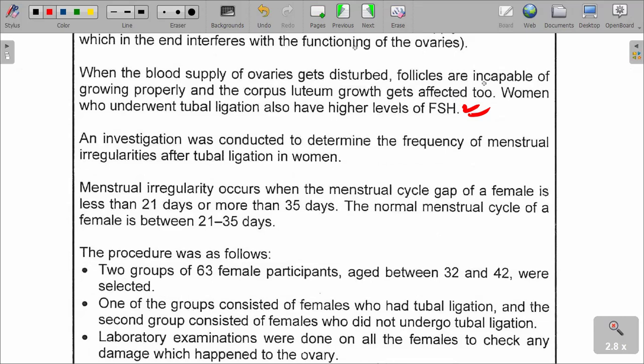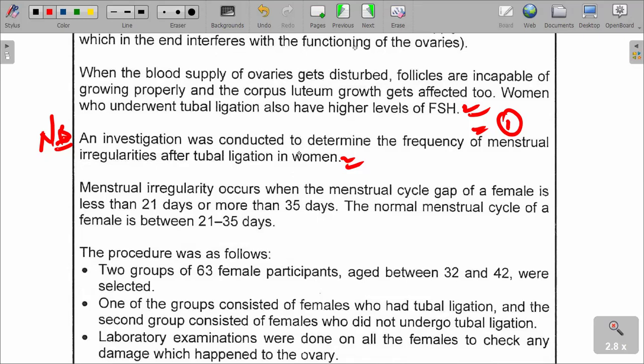An investigation was conducted to determine the frequency of menstrual irregularities after tubal ligation in women. So I want to put NB here. When you are doing questions such as these, you also need to identify the dependent and independent variable. We are to determine the frequency of menstrual irregularities after tubal ligation in women.